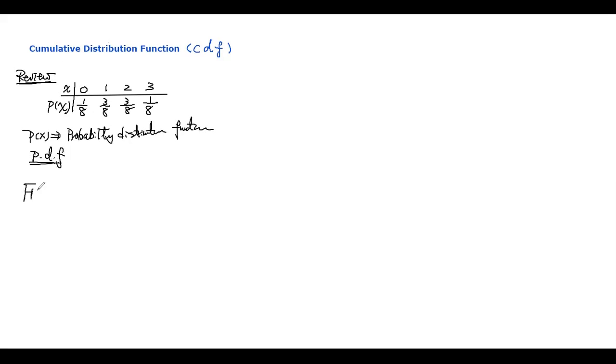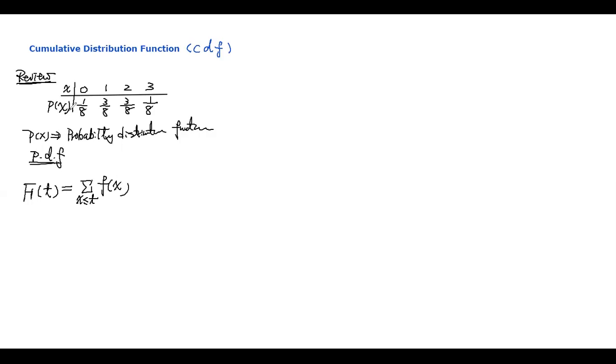We use the capital letter F. If you say the CDF at t, that means you add all the probabilities where X is less than or equal to t, and you add all the f of x.